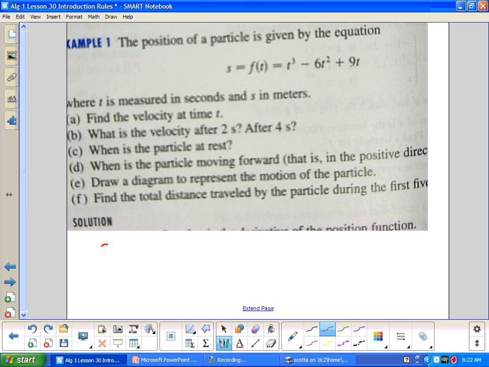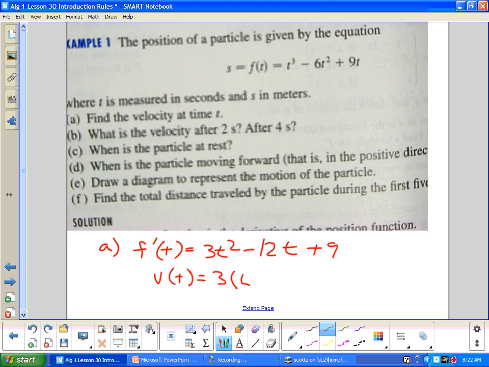Part a, and I'm going to call it f prime of t initially. How about 3t squared minus 12t plus 9. You guys all agree, that would be the velocity function. And you know the first thing I do after I write this down? I saw that it factored.